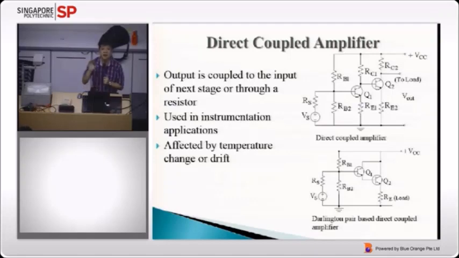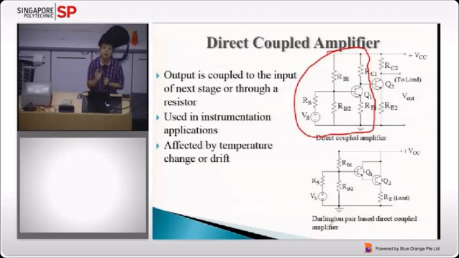Is this Q1 configured as common emitter or common collector? Common emitter.